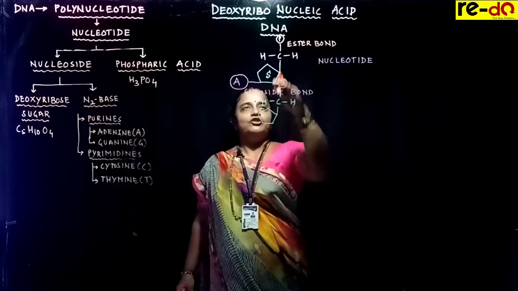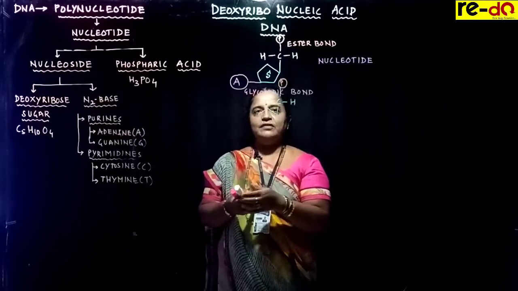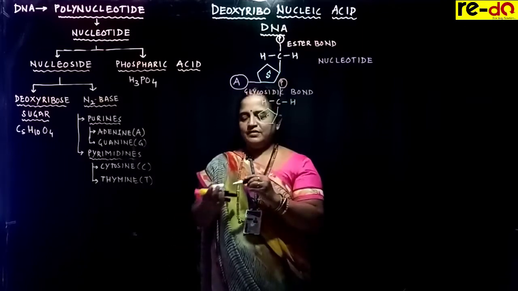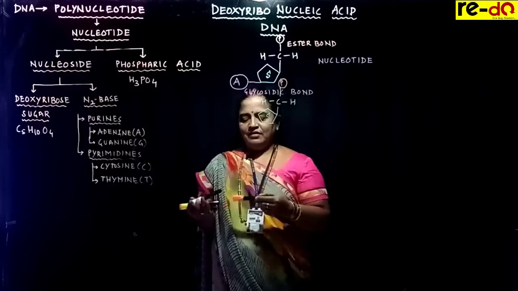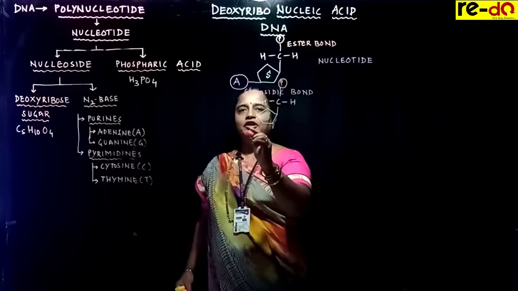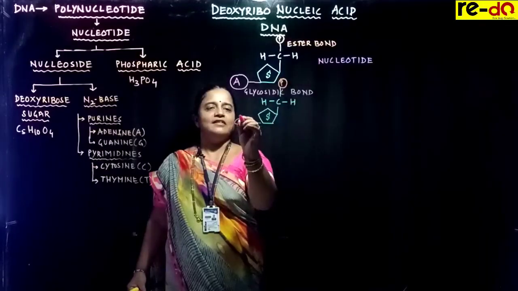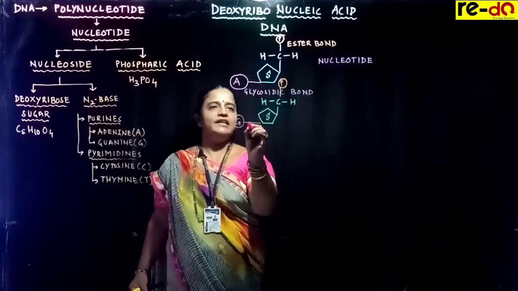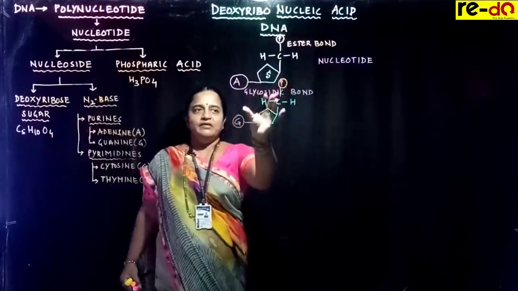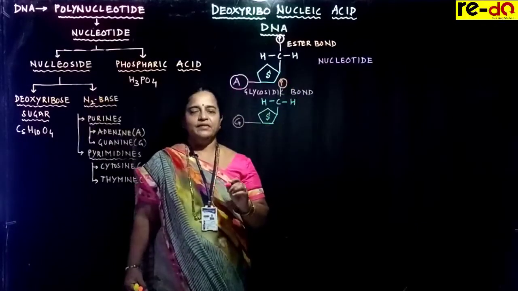So there are 2 ester bonds linking two sugar molecules. So it is known as diester linkage. This forms a sugar, and on the other side I'll write a nitrogen base, and this is guanine. This linkage is a glycosidic bond. Like this, the polymer starts developing diester bonds.